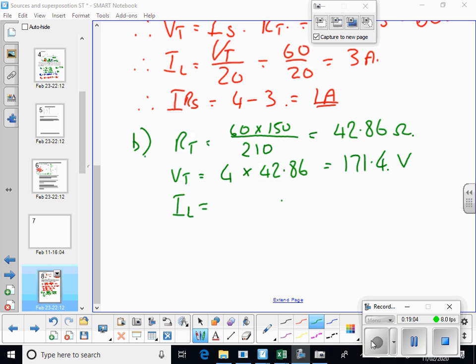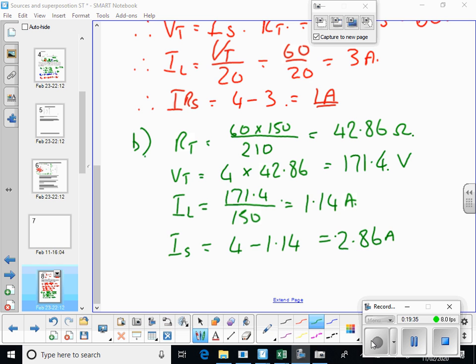IL is 171.4 over 150. I got 1.14 amps there, and IS is 4 minus 1.14, 2.86, there or thereabouts. They add up to 4, don't they?